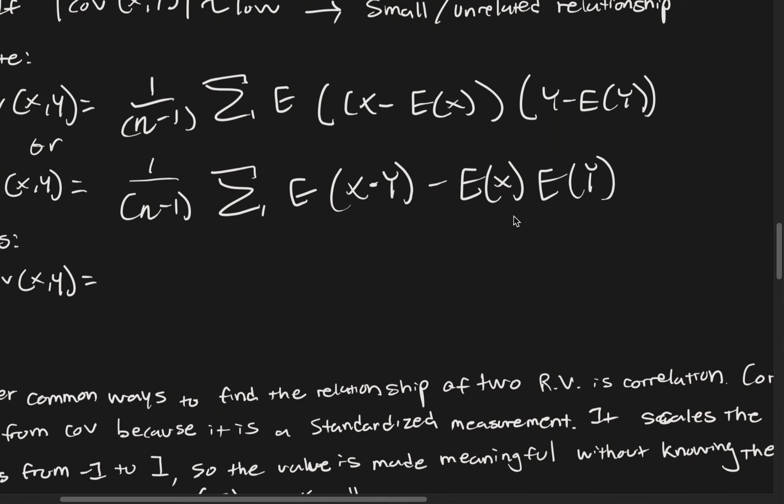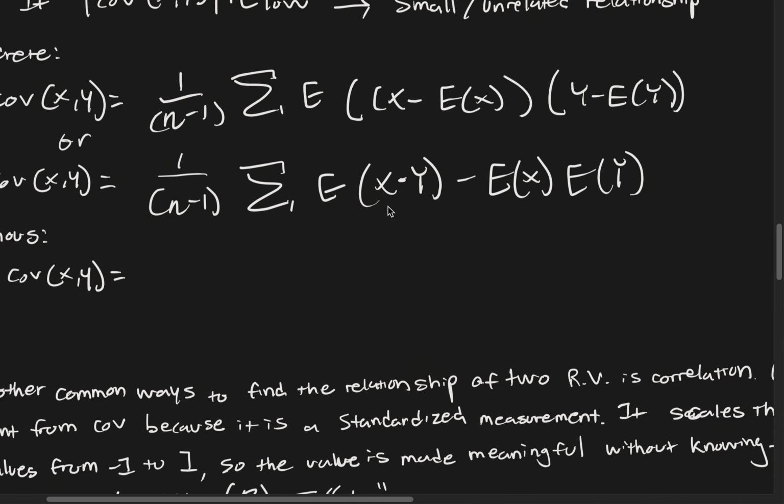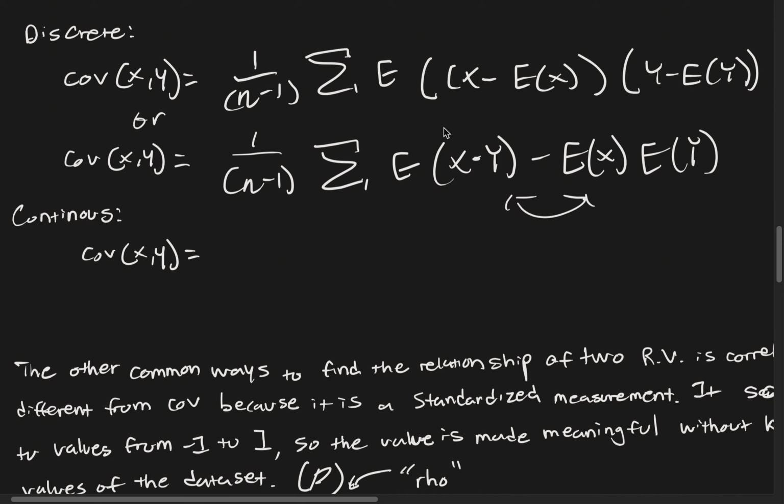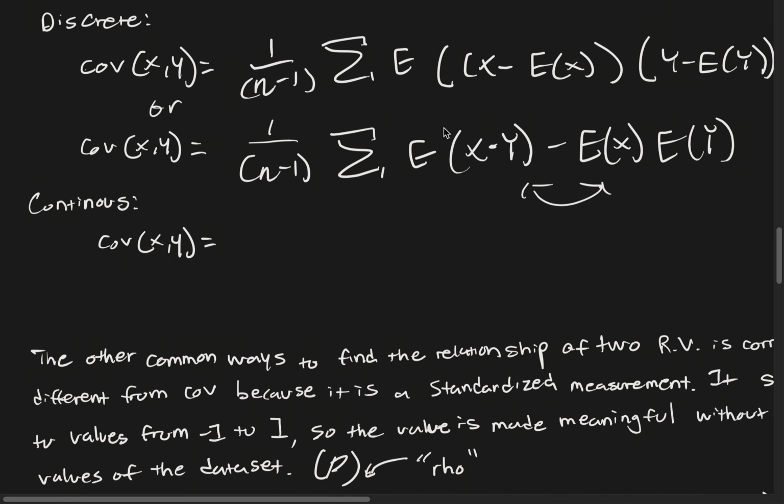When I write it like this, there doesn't seem to be much of a difference in the expectation of x times y between these two. But if you utilize the first formula, you'll see that there's a clear difference in the second as well. All right, that's the covariance for discrete functions.